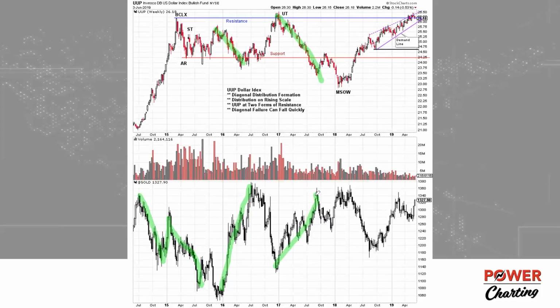Now, you can see here a high price in gold and the dollar is at a low price, oversold, major sign of weakness underneath the support area, turns up in 2018 and has this important rally which we just analyzed here, which has resulted in what we think might be a diagonal triangle.